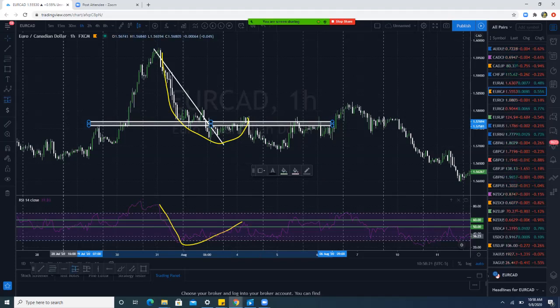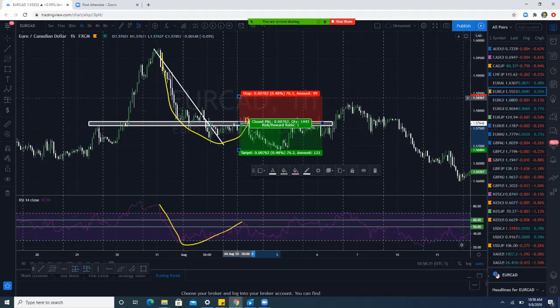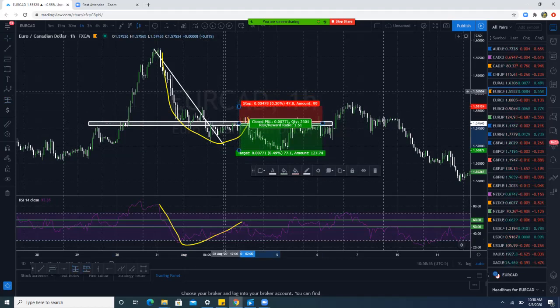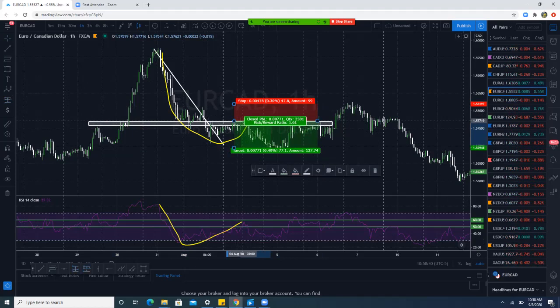Your trade would have looked something like this. Got your trade placed there. You're putting your stop loss above the last swing high, which was this point here, and you're trading to the next zone. So it would have looked something like that. And you trade to the next zone. That would have been a winning trade.